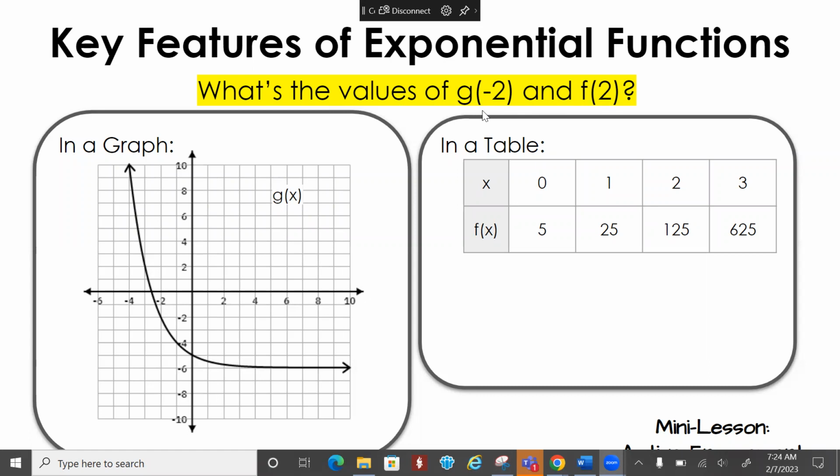Okay, when they're saying f of x, are they referring to the table or are they referring to the graph? Okay, so that's the first thing that you want to know. So what are they asking me to do when they say g of -2? Well, that means that I'm going to take -2, look at the graph, and then tell me what the y value is. So what's the y value?